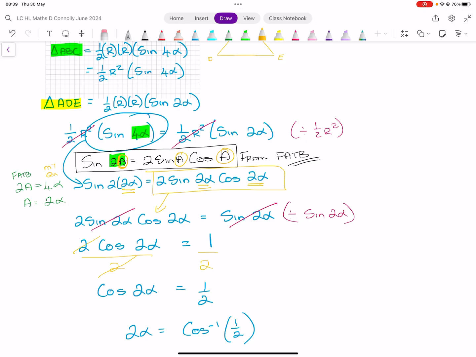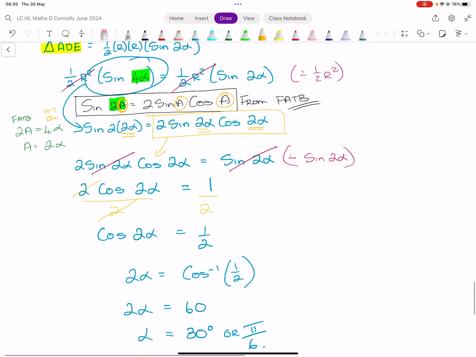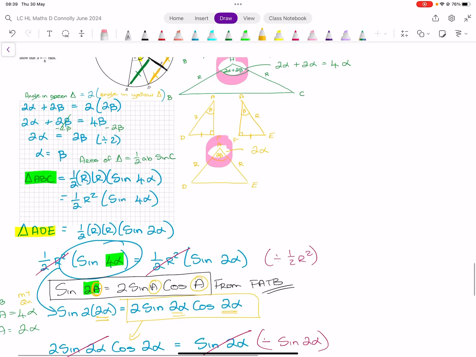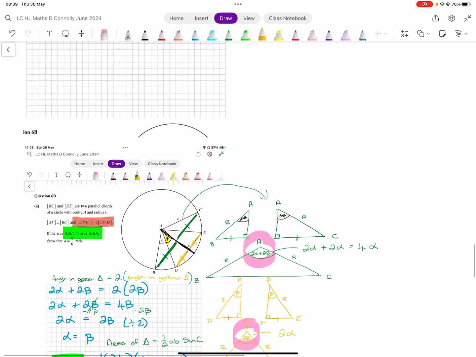I had a sine 2 alpha on both sides, so I divided across by that. That gave me 2 cos 2 alpha equals 1, divided across by 2, so cos 2 alpha equals a half. Isolate the 2 alpha, so cos inverse, which was 60, and then alpha was 30. Okay, hopefully that makes a bit more sense.